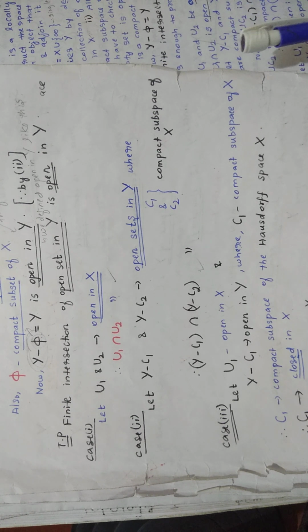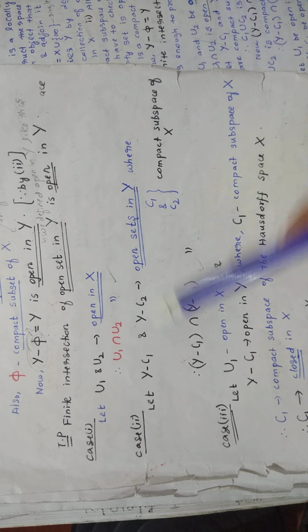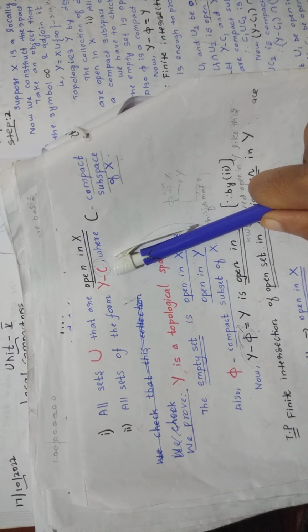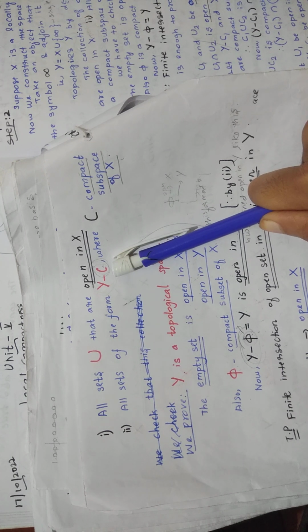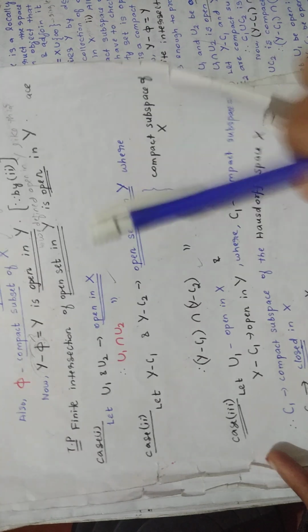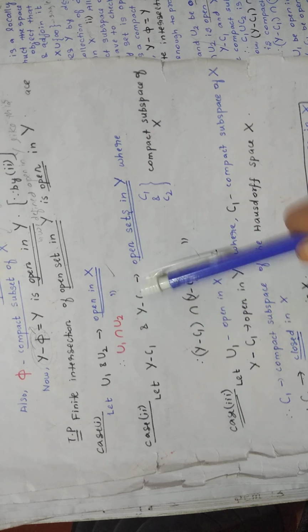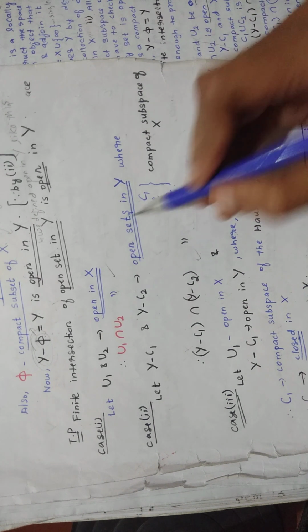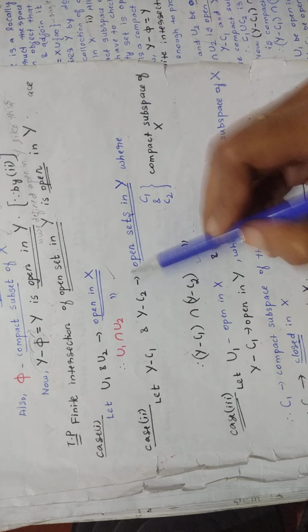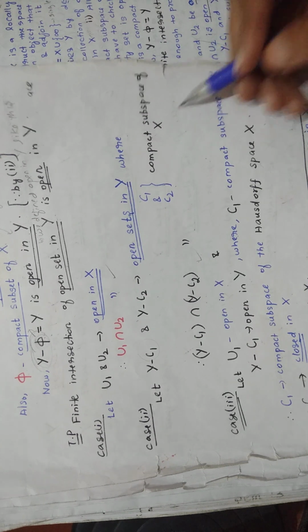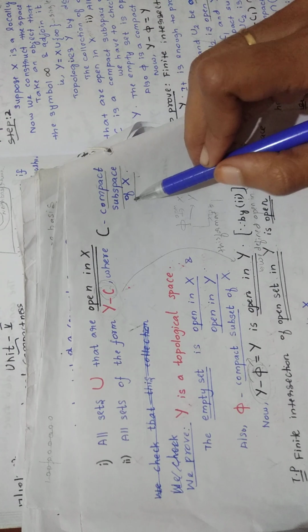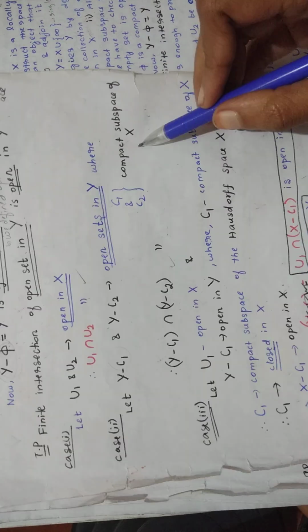The open sets in Y will be of the form like this. So you are taking that kind of sets. You know that these two are open in Y, and open in Y means C1 and C2 will be compact subspaces of X. That is what you have defined. From that you are writing.